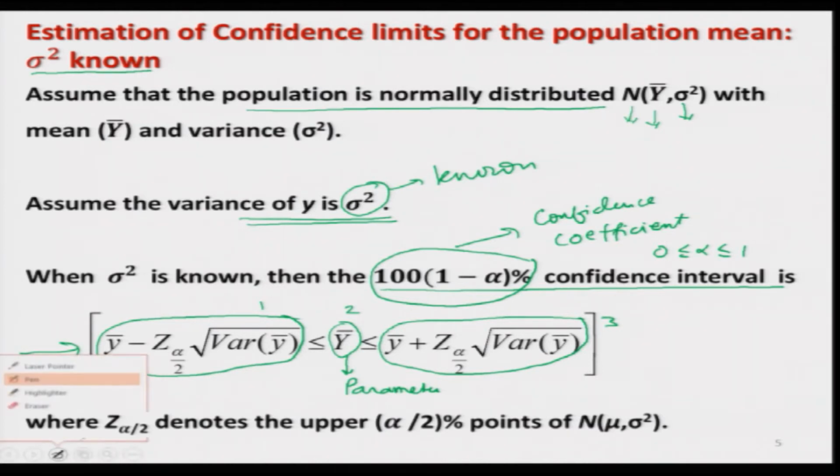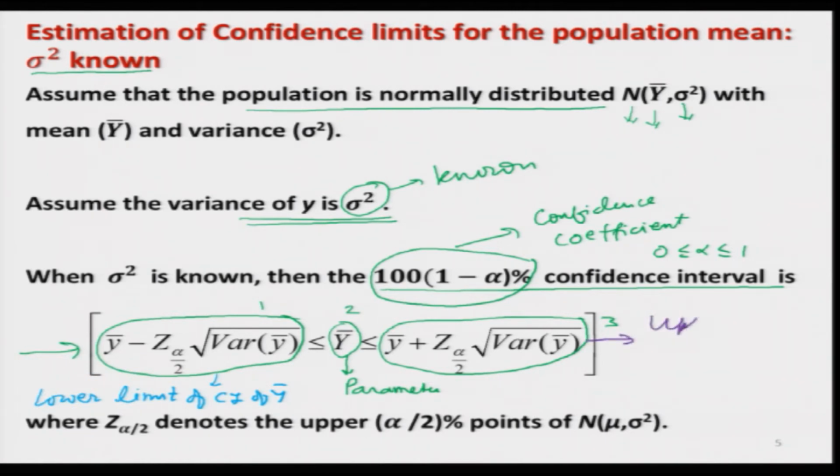Quantity 1, small y bar minus z alpha by 2 square root of variance of y bar, is called the lower limit of the confidence interval of y bar. Similarly, quantity number 3 is called the upper limit of the confidence interval of y bar.